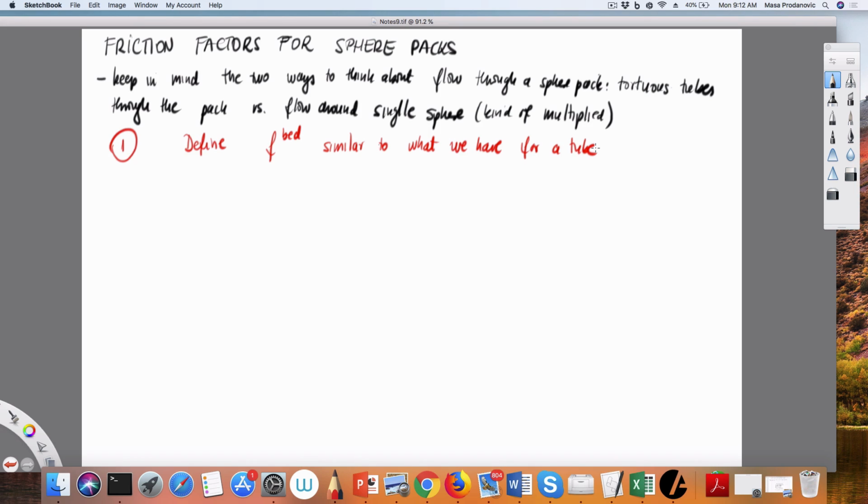And then I'm going to try to twist and tweak this definition to make it something that is better fitting with my data.